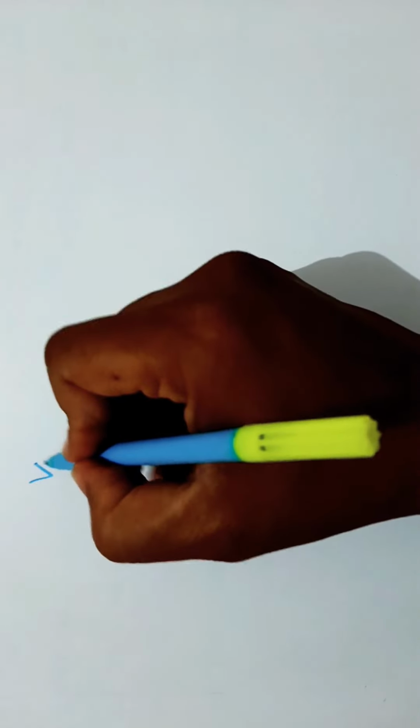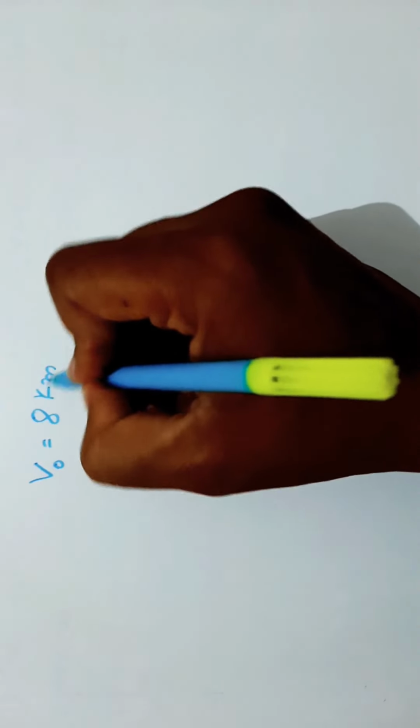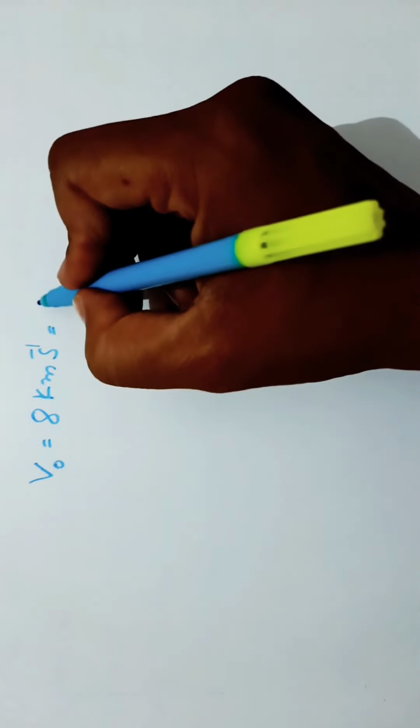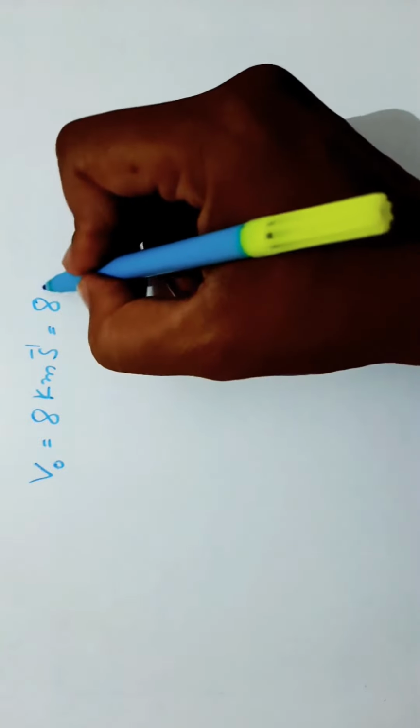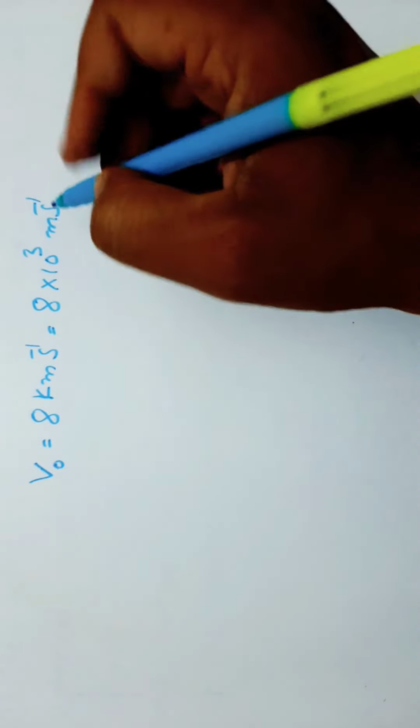The orbital speed of the satellite is given, so V0 is equal to 8 kilometer per second. Convert into meter, so that is 8 into 10 to the power 3 meter per second.